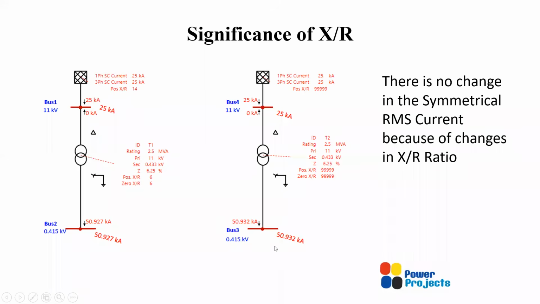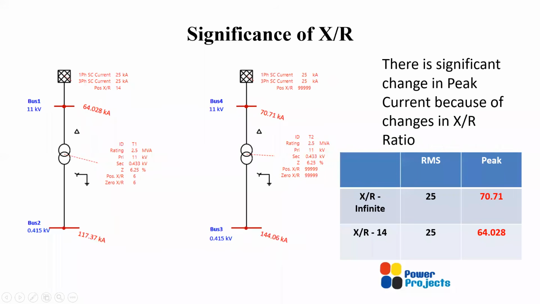But if you look, for the same fault, I have plotted the peak current here. So for the same 25 kiloamps RMS, the peak current is only 64 kiloamps for an X by R ratio of 14. And for infinite X by R ratio, it is 70 kiloamps.